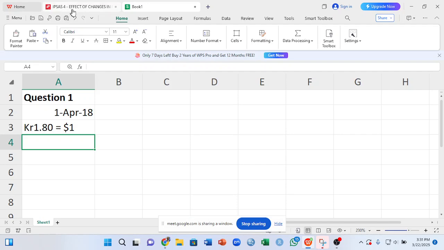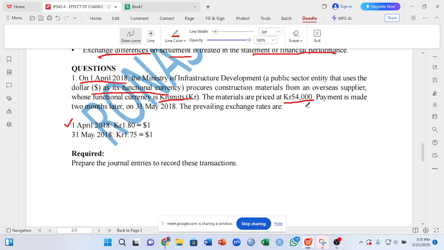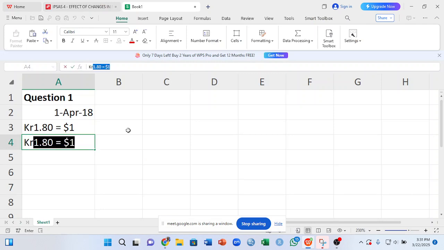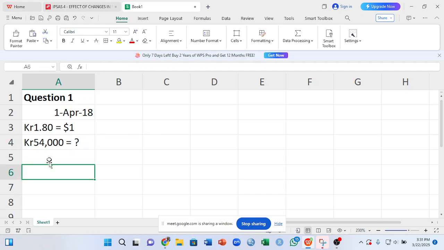Then the amount of money we need to change will be the foreign currency, which is 54,000 chromate. So here we have two approaches. We can use the normal ratio and proportion, where in this instance, the 54,000 is more on the chromate side, so if more, we divide.